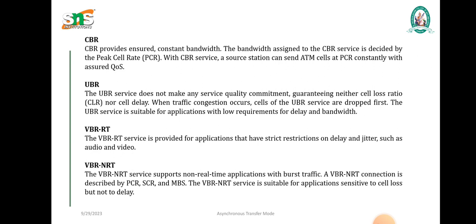CBR provides ensured constant bandwidth. The bandwidth assigned to the CBR service is decided by the peak cell rate. With CBR service, the source station can send ATM cells at PCR constantly with assured quality of service.